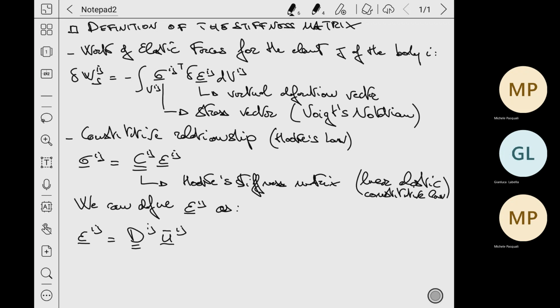So this is the vector of deformation-induced displacement.